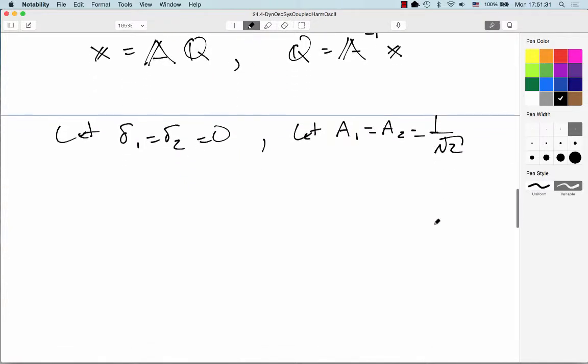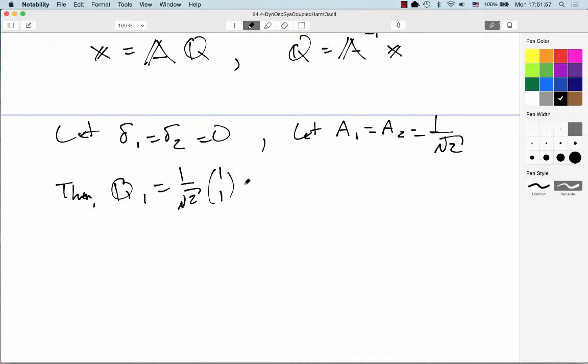So if we do something like that, we could just start writing that our q1, I guess I should, no, I'll leave it as a vector arrow. We'll write our q1 as 1 over root 2, (1, 1), cos omega 1 t.